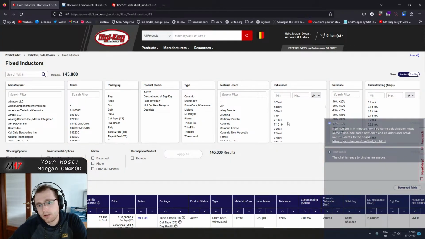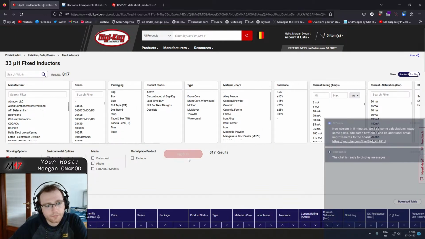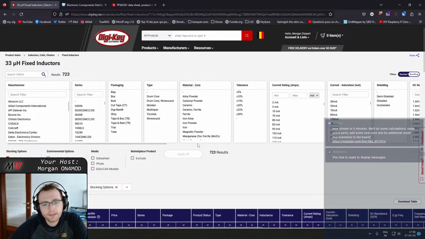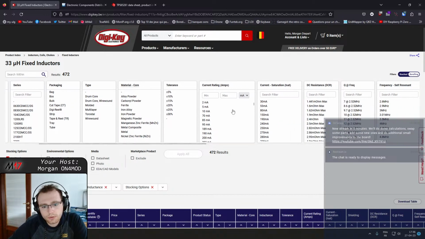So we will go to 33 microhenries, which is a standard value, so we will have plenty of them. We want them to be in stock. Also, we want them to be active, not to do the same mistake as previously, and we want them shielded. Okay, so we already narrowed it down to 472 components.